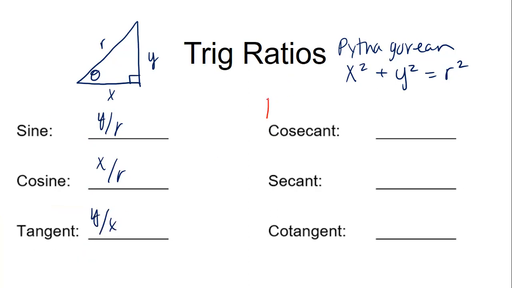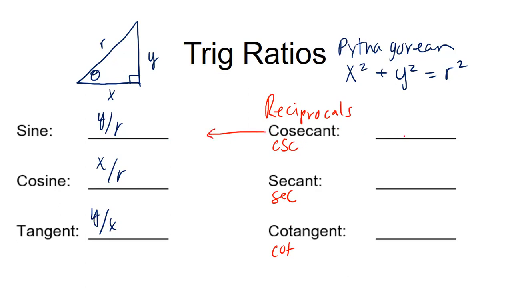These are called their reciprocals. Okay. So it's the flip of it, right? So the reciprocals are cosecant, secant, and cotangent. Cosecant is abbreviated CSC, secant is SEC, and cotangent is COT. Okay. The cosecant is the reciprocal of sine.